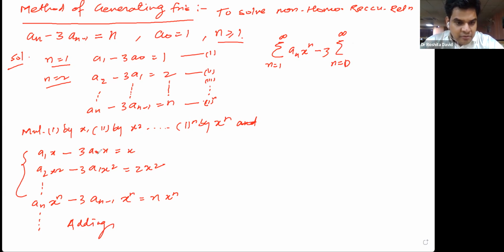Here, in the first equation we have a0, so in the nth equation we will write an minus 1, and x to the power 1, starting from x to the power 1. So we will write x to the power n.